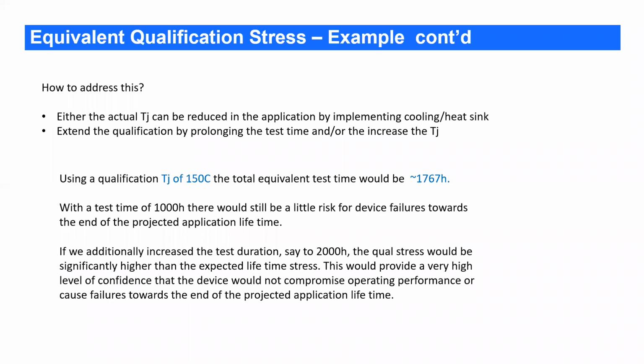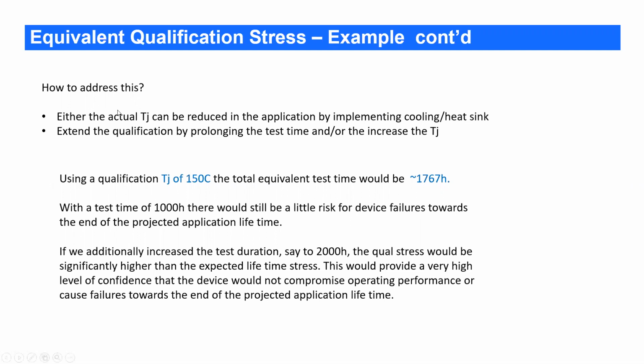Now, how can we overcome this problem here? So the first thing is you may want to reduce the stress in the field, the stress to the application. And this can be done by just lowering the junction temperature. And lowering the junction temperature means either you bring down the ambient temperature, which is maybe not possible, or you cool the device by proper heat sinking, air circulation whatsoever.